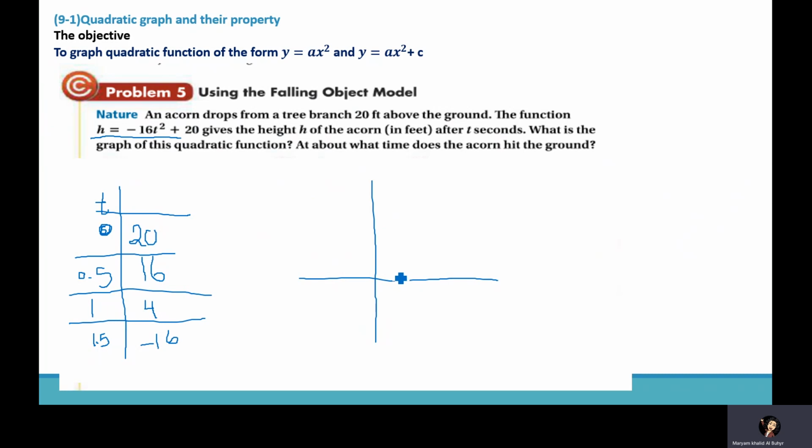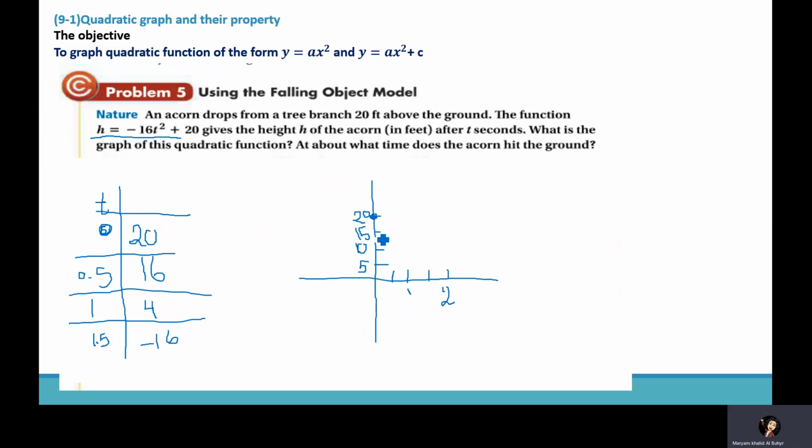Now, I will make this half, this 1, this 1.5, this 2. I will make each square here 5, which is easier, so this is 10, this is 15, and this is 20. Once I have 0, the value will be here. For sure, this will be part of a parabola, and it will open down because it's negative.